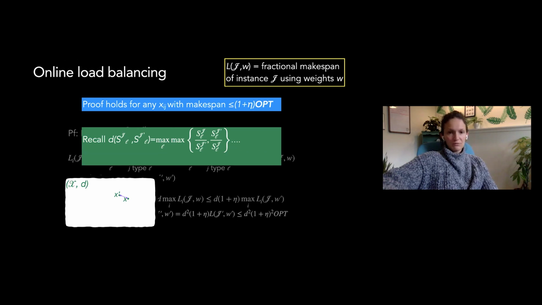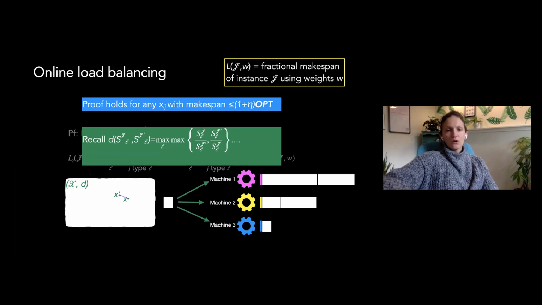And there's also something a little bit funny about this instance robustness definition that I wanted to point out in case anyone had been thinking it themselves. So recall that this is our distance between our instances J and J prime. We're looking at the max ratio between the sizes of jobs of type L. And because you're computing a ratio here, if I had this job which was going to all three of these machines, I'm not allowed to remove an edge if it creates a new job type.